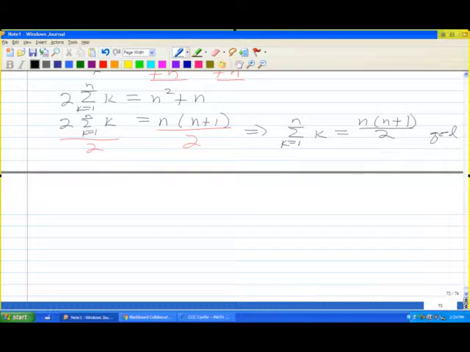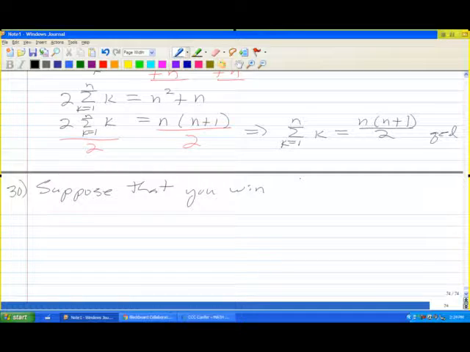Okay, so suppose you want to determine the amount of money. Well, let's do the following. Problem number 30. Suppose that you win a $37,440,000 lottery.